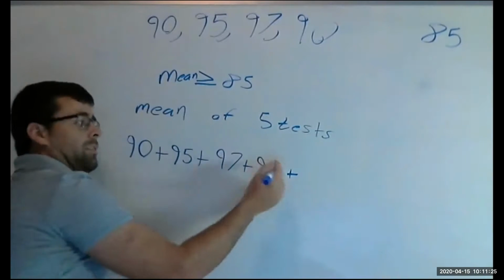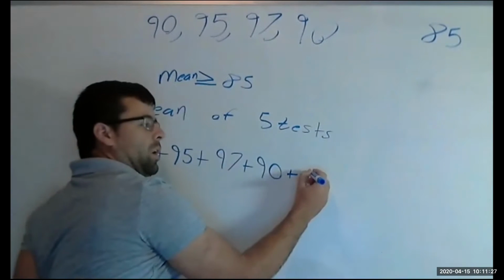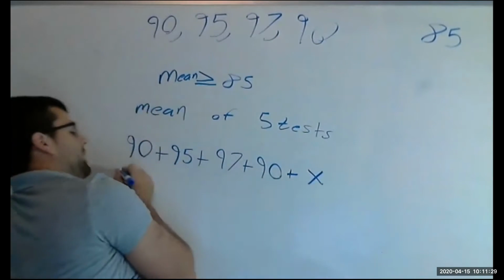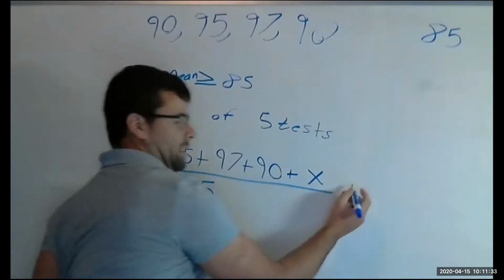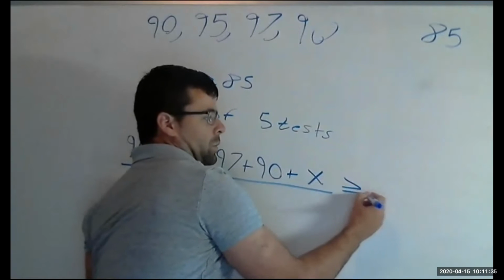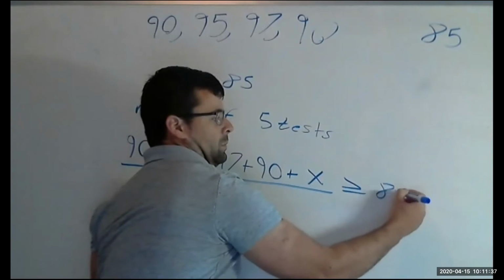The mean of those 5 tests. So the thing we don't know is x. So x over 5 greater than or equal to 85.